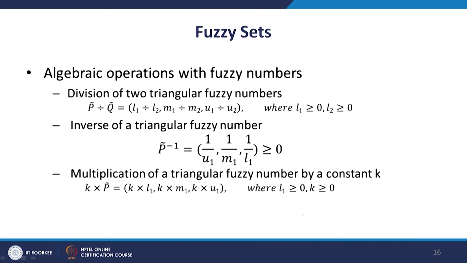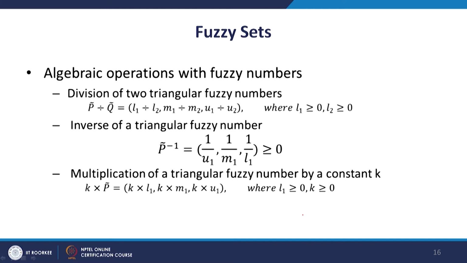You can also understand from the point of view that L1 is less than M1 and M1 is less than U1. So, once you do the inverse, it is 1 divided by U1 which is going to be the smallest value, followed by 1 divided by M1, followed by 1 divided by L1.